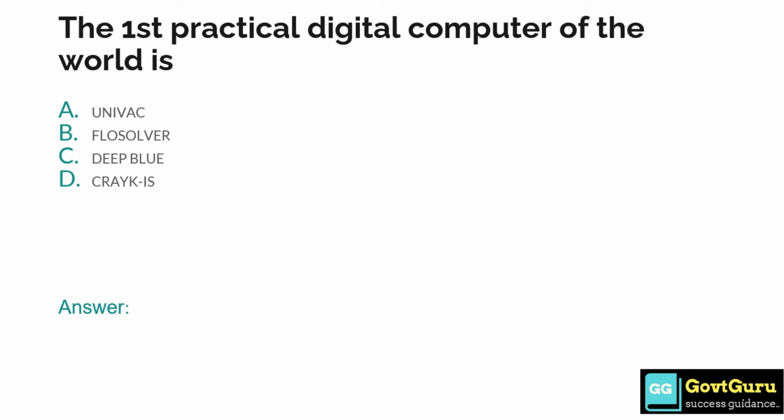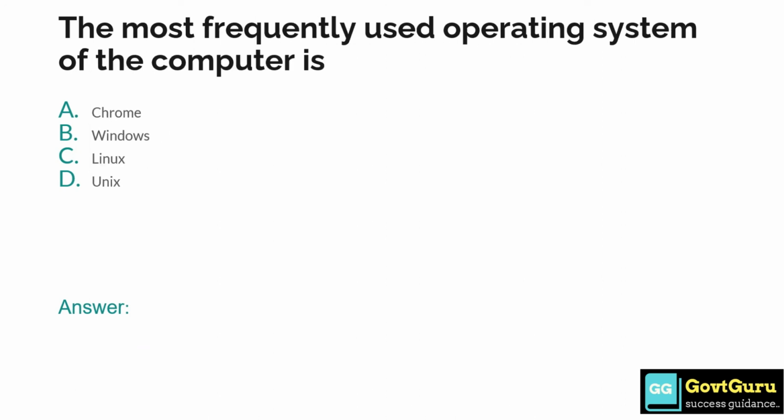The first practical digital computer of the world is option A UNIVAC, option B FlowSolver, option C Deep Blue, and option D Craig. The answer is option A, that is UNIVAC. The most frequently used operating system of the computer is option A Chrome, option B Windows, option C Linux, and option D Unix.